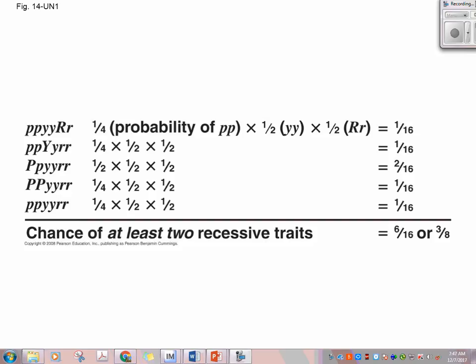If you look here, what's the probability of getting homozygous recessive for whatever this P trait is, and then homozygous recessive for this Y trait, and then hetero for the R trait. You can see you got 1/4. If you were to do a Punnett square, the probability of getting the little p, actually let me do this for you.